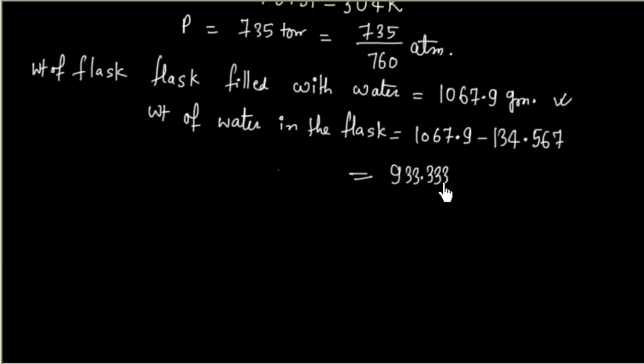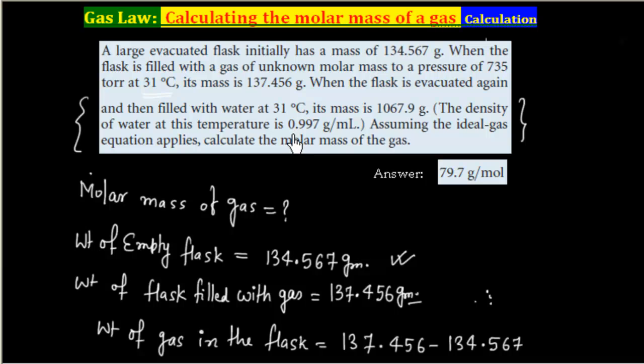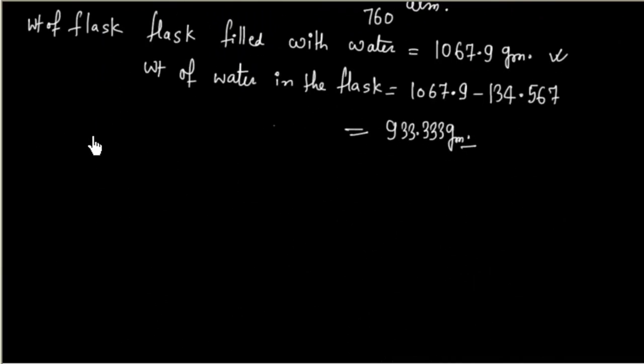So this is the weight of water. And we have also been given the density of water, that is 0.997 gram per ml.